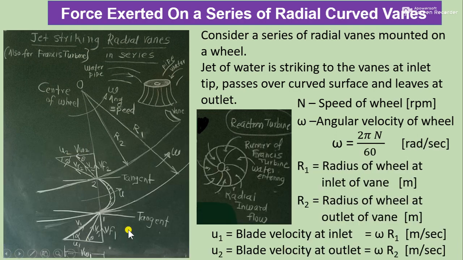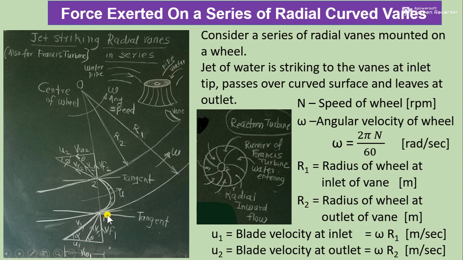Now we will see force exerted on a series of radial curved vanes. Consider a series of radial vanes mounted on a wheel, with the jet striking the vane at the inlet and leaving at the outlet.